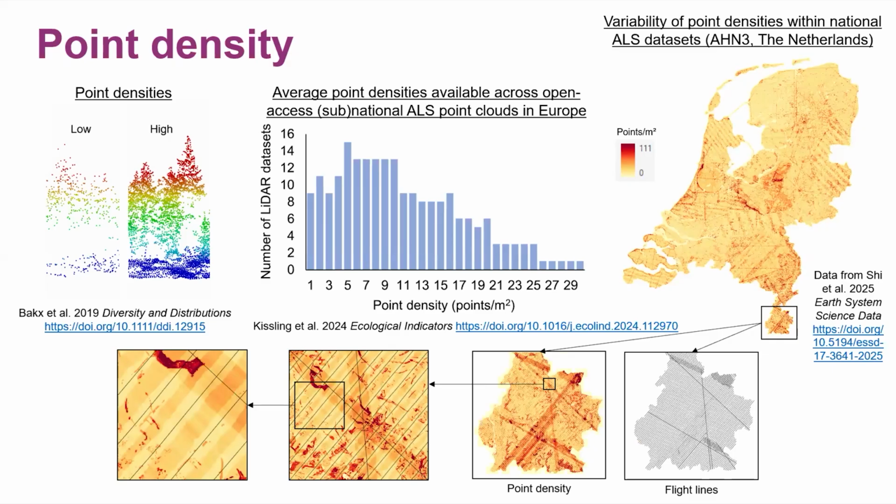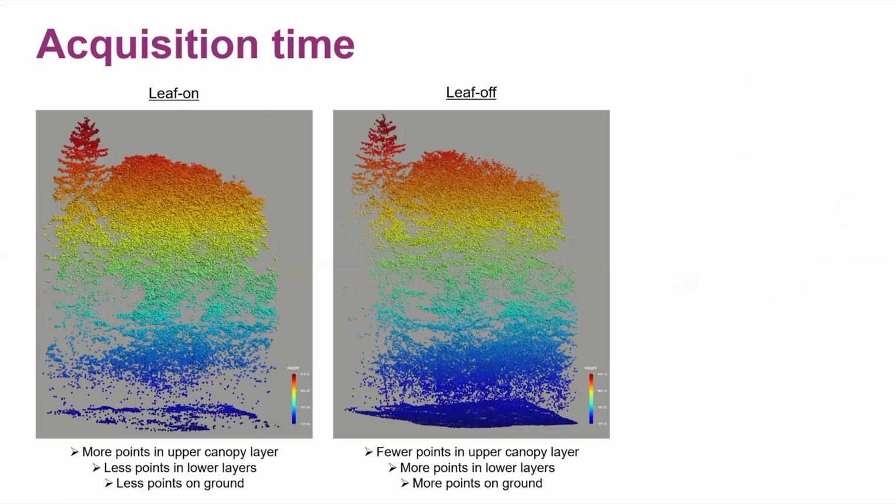So if we zoom in into the smaller part in the south of the Netherlands, you will see that a lot of the higher density of points is actually associated with flight lines that are overlapping. And you see this also here in a very nice zoom in, that here is a flight line, here's a flight line, and in between you have much higher point densities because the data are recorded from both sides of the flight line. So you also need to deal with these different point densities when you analyze point clouds.